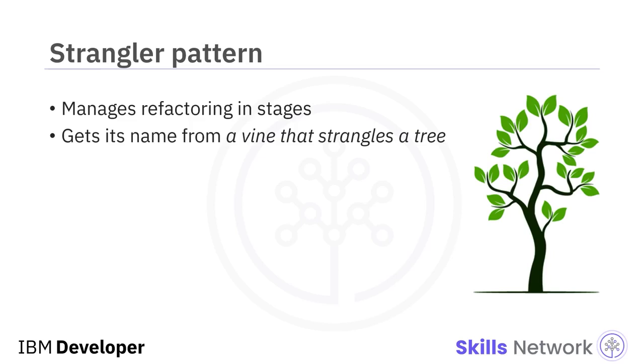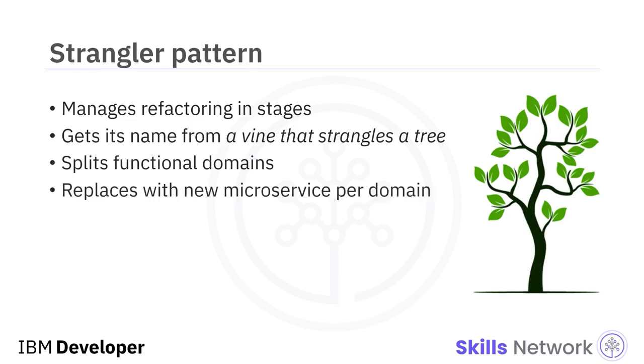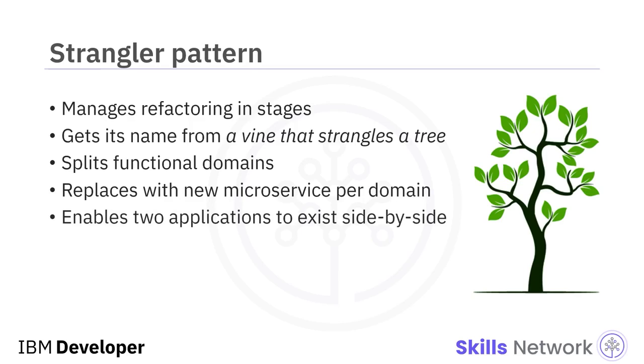With the strangler pattern, you use the structure of a web application to split an application into multiple functional domains and replace those domains with a new microservices-based implementation for one domain at a time. These two aspects form separate applications that exist side by side in the same URL space. Over time, the newly refactored application replaces the original application until finally you can shut off the monolithic application.